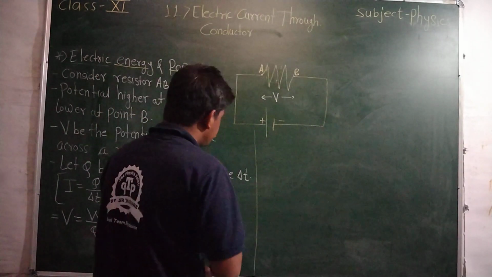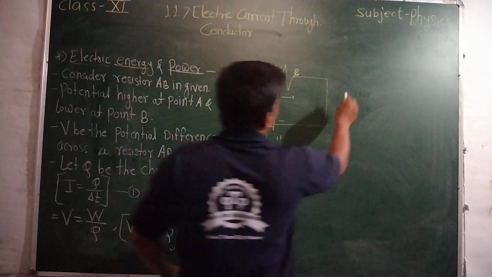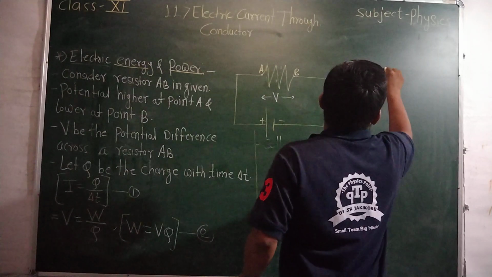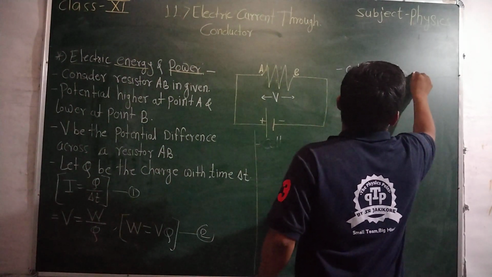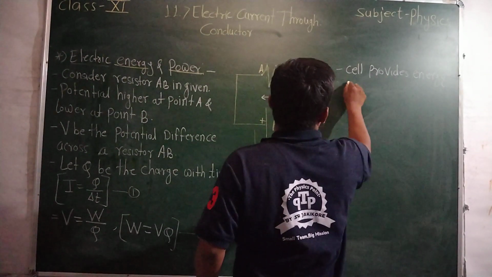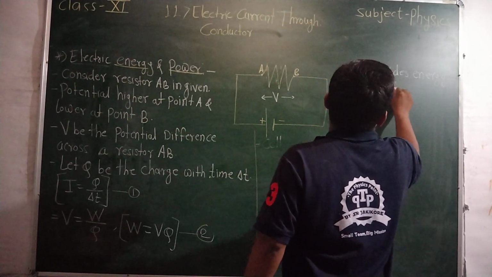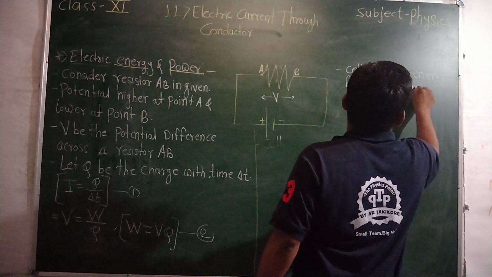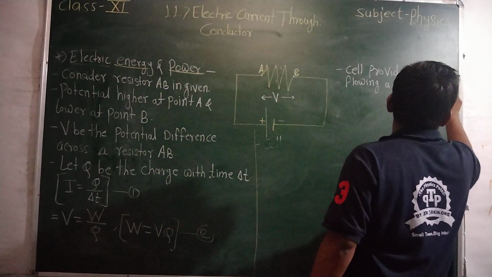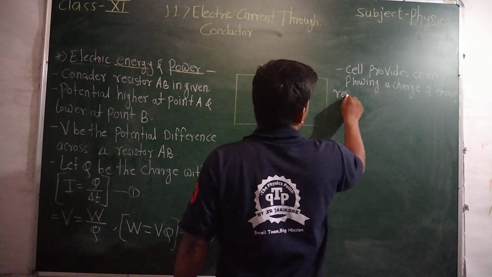The cell provides energy through the flowing charge q through the resistor AB.